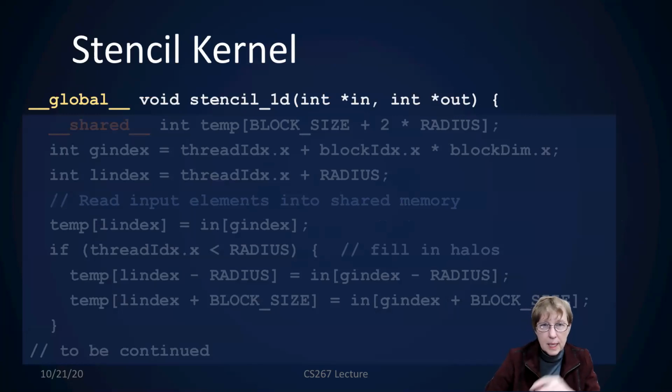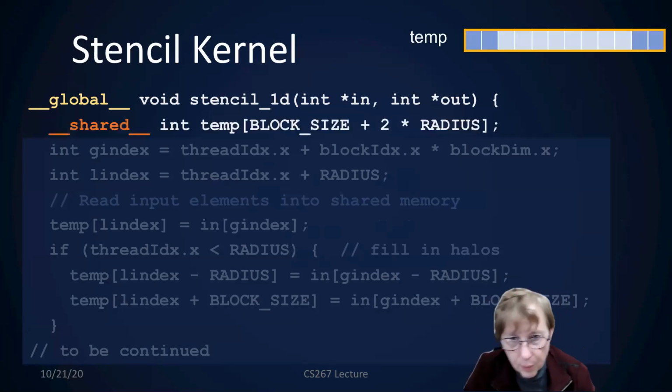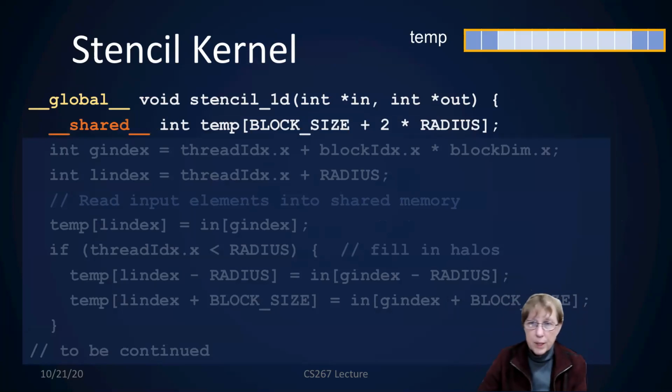So here's the stencil kernel code now. It's taking in these 2 arrays, the input and the output array, or pointers to them, and it's allocating a temporary buffer. And by the way, these are assumed to already be in the GPU memory in this global function called stencil_1d, where we've allocated the input and output in global memory so the GPU can access them.